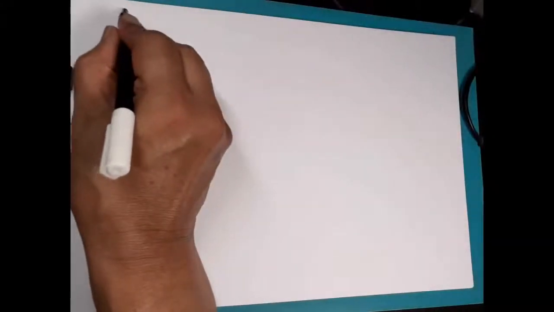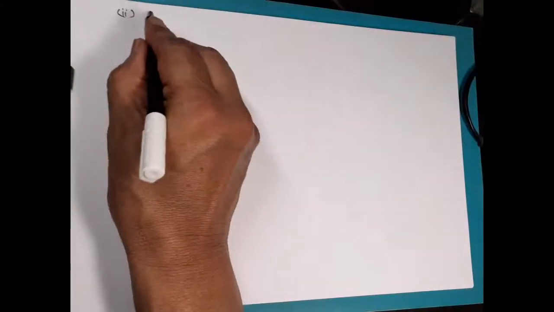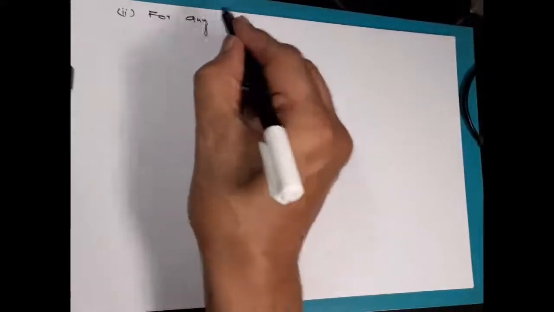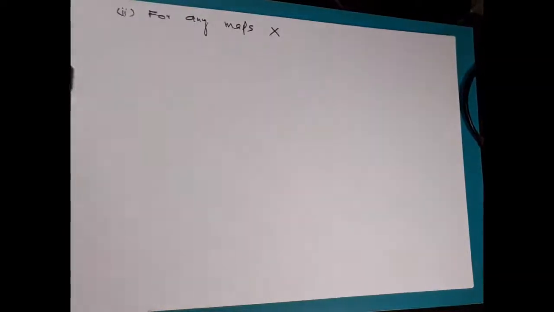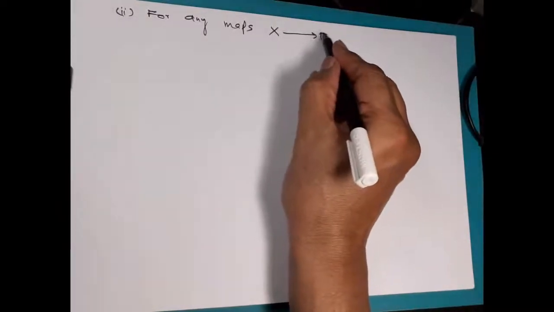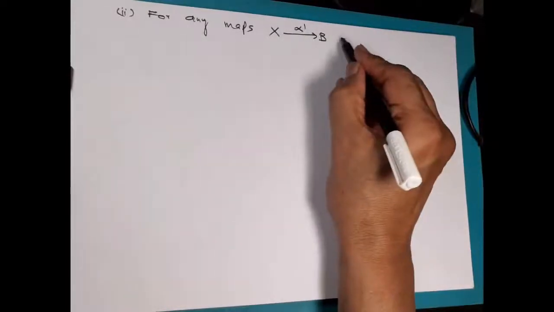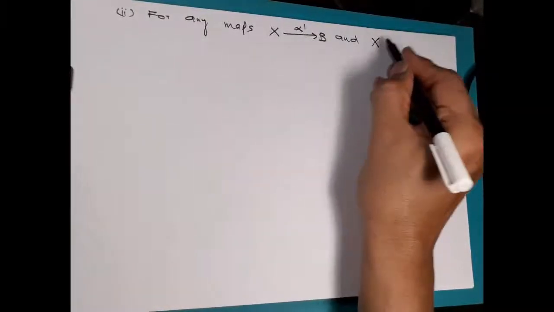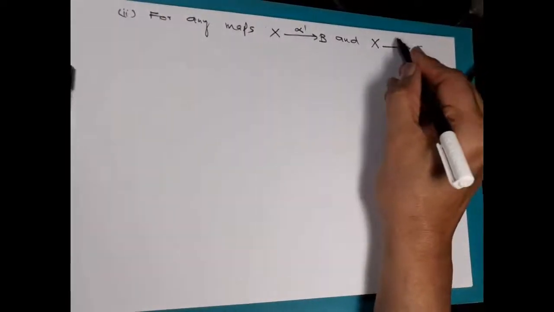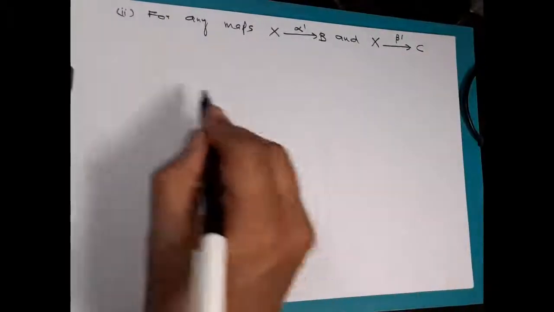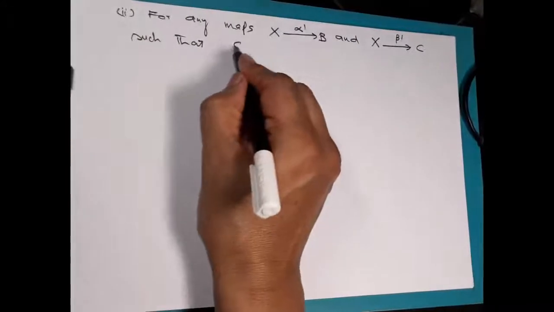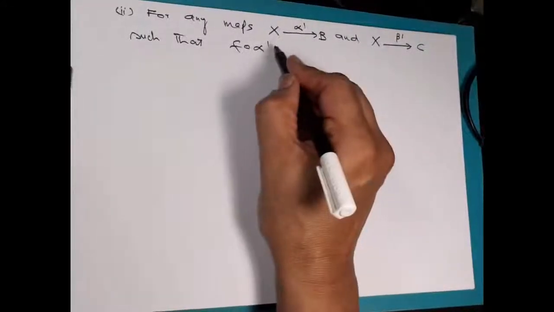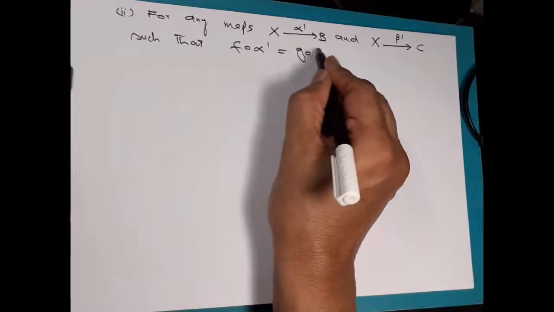In the second condition, for any maps from an object X to B, we call this alpha dash, and from the same object X to C, we call it beta dash, such that F composed with alpha dash is equal to G composed with beta dash.